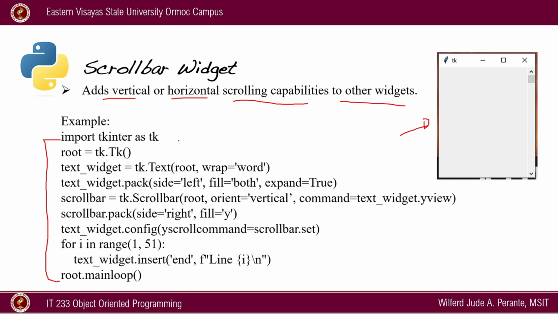So let's talk about our example code. The first line here is our Tkinter library, which you encode as import tkinter as tk. And now we initialize the main window of our Tkinter.